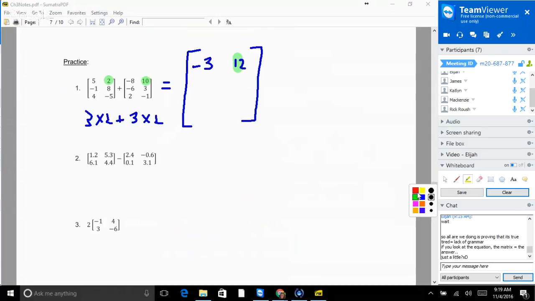Okay, and then we're going to do the second row, first column, -1 plus -6, and that gives us -7. Guess I have to check my work because I'm changing colors like crazy. Okay, second row, second column is going to be 8 plus 3, right? 8 plus 3 is 11.